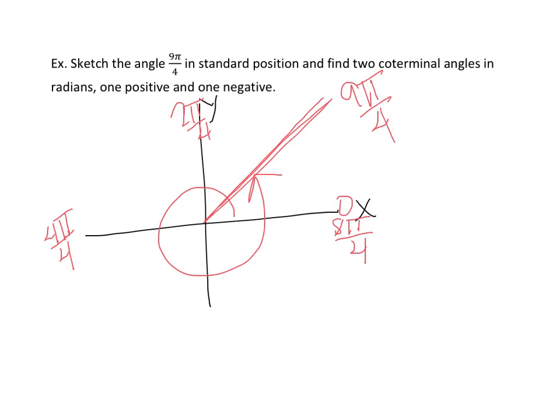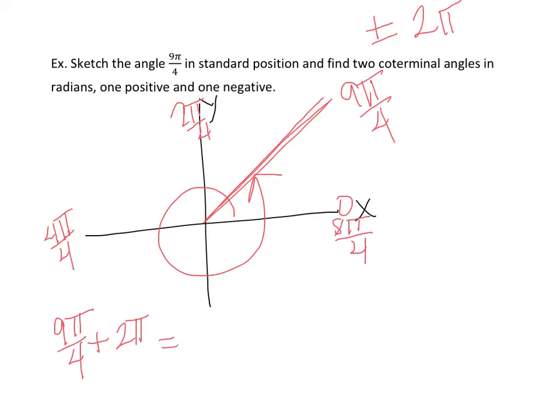The easiest way to do coterminal is to add on 2 pi. So you add or subtract your 2 pi. So let's take 9 pi over 4 and add 2 pi. Adding these two together, you can use your calculator, but do not put pi in there.